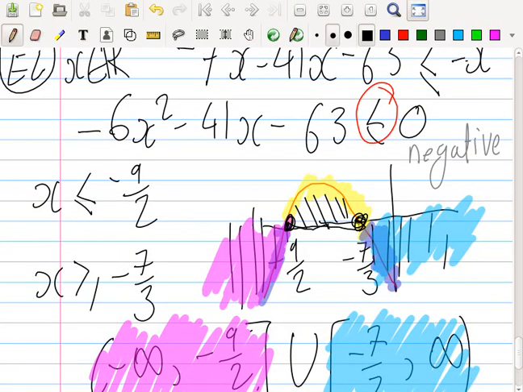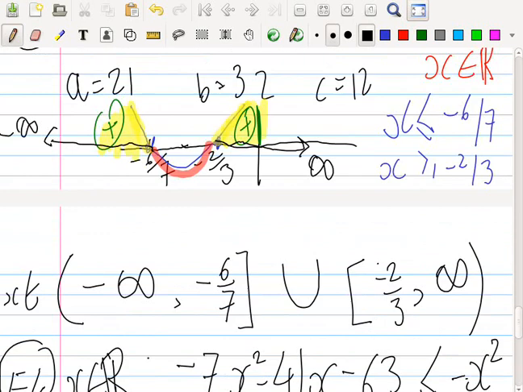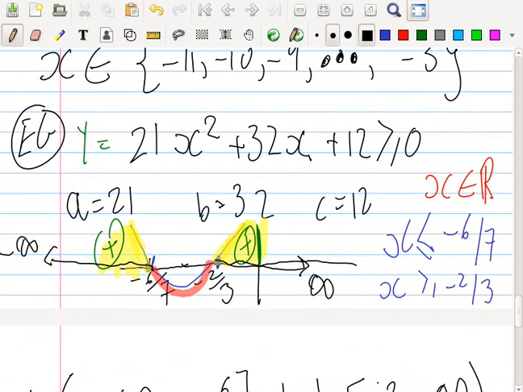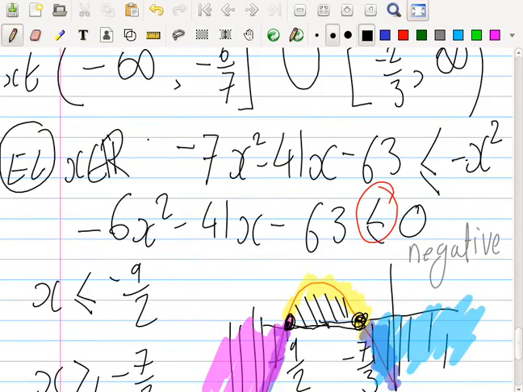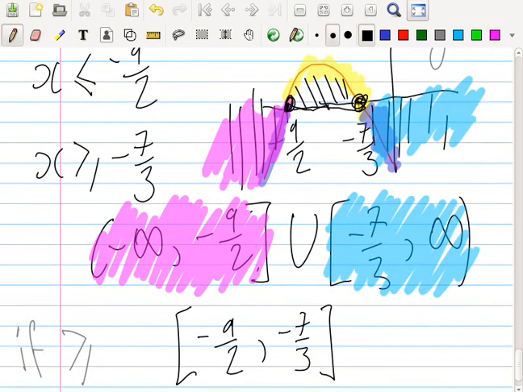Previous one was positive, and this is the negative. Yes, and the reason for that is because this quadratic is a different shape. It's a hill shape, whereas the previous one was a U shape. So some people might be trying to figure out if you can tell if you need the inside piece or the outside piece by looking at if it's positive or negative.